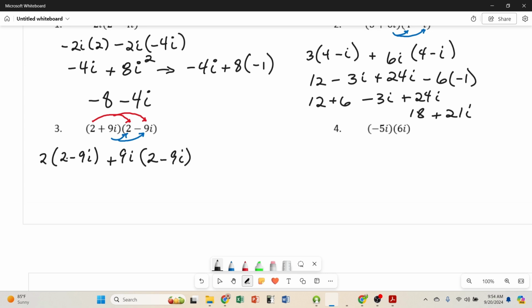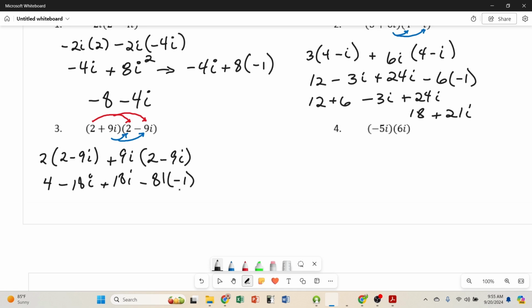So this is 2 times 2 is 4 minus 18i plus 18i minus 81i squared, right? Which is, again, I can just put that as times 81 minus 1.